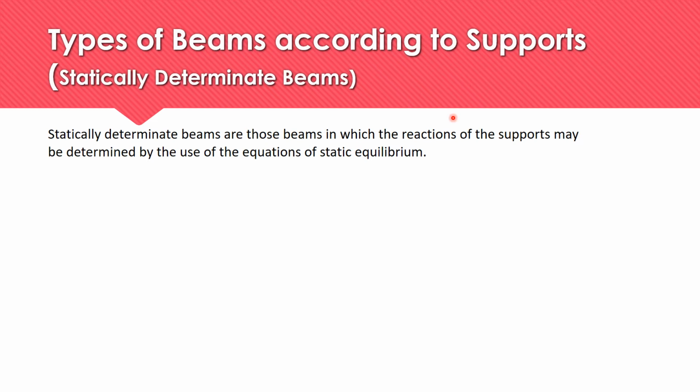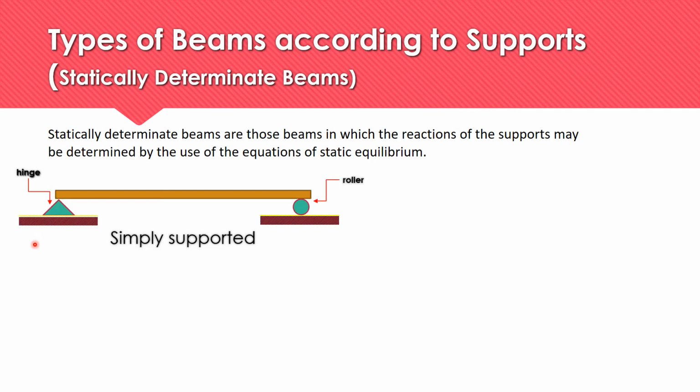But here, i-group natin yung statically determinate and statically indeterminate beams para makita natin yung kanilang difference sa itsura at sa supports. Now, statically determinate beams are beams in which the reactions of the supports may be determined by the use of the equations of static equilibrium. So this is the simply supported beam.